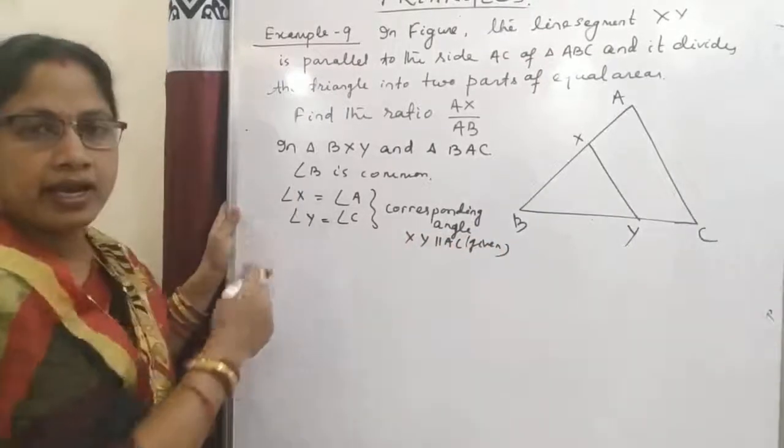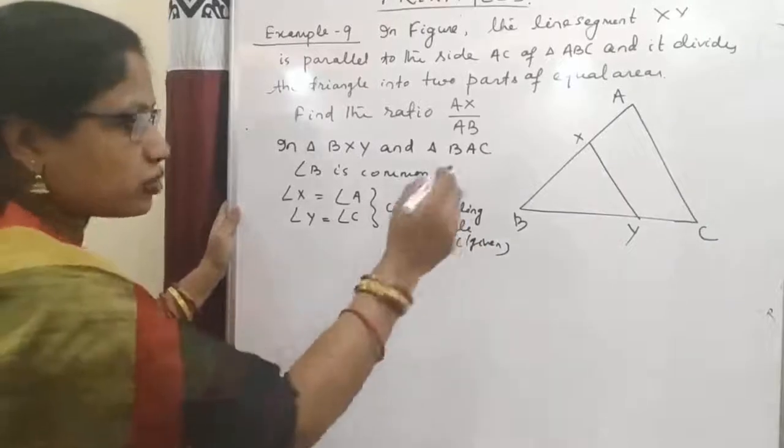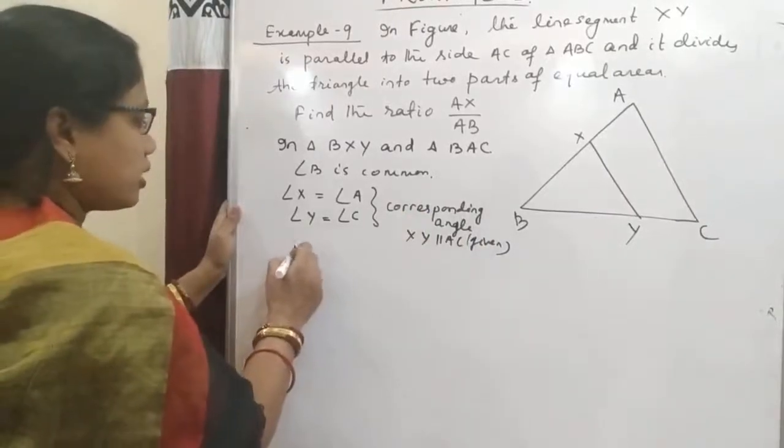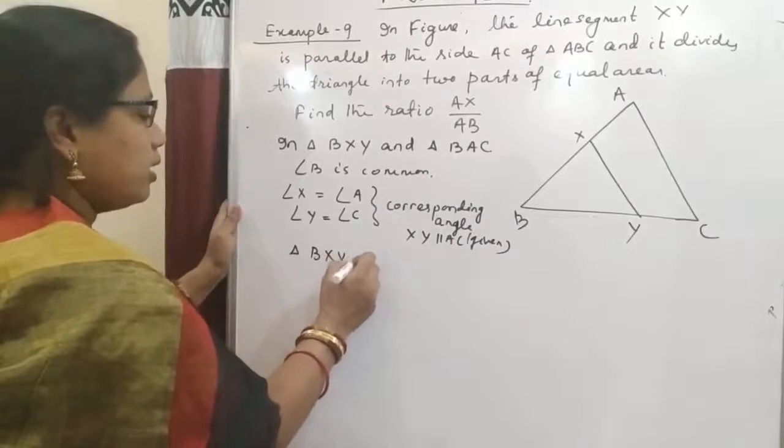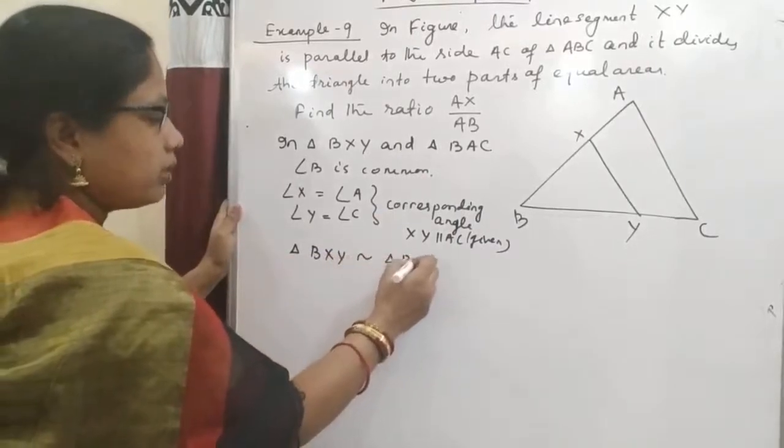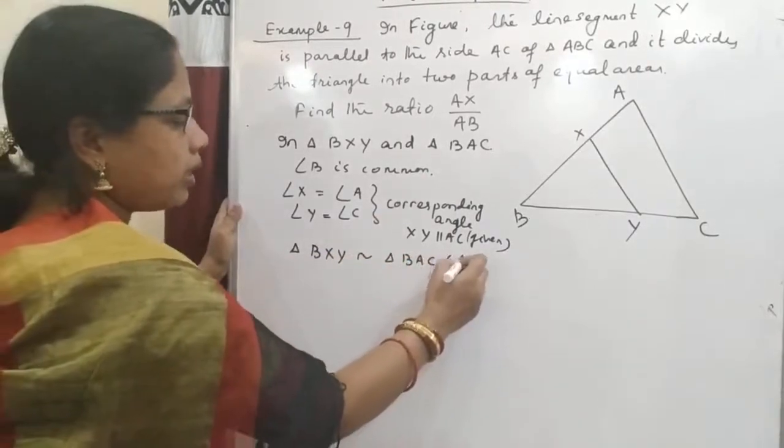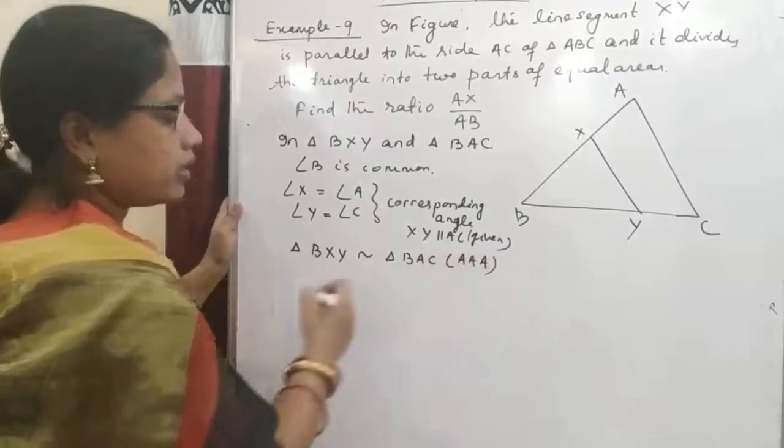So by angle similarity condition, these two triangles are similar. So triangle BXY is similar to triangle BAC by angle similarity condition.